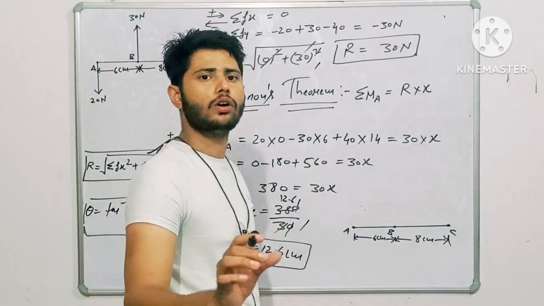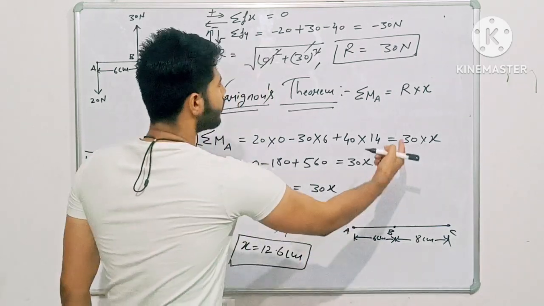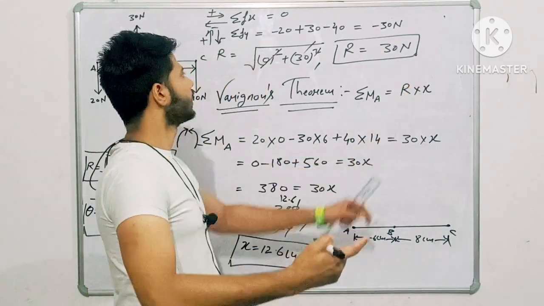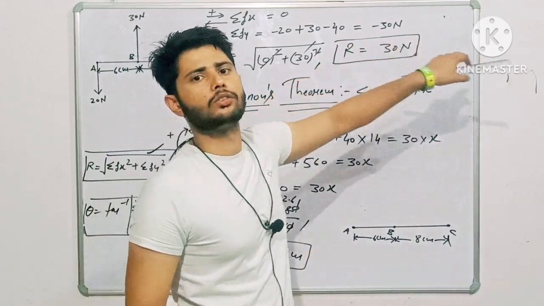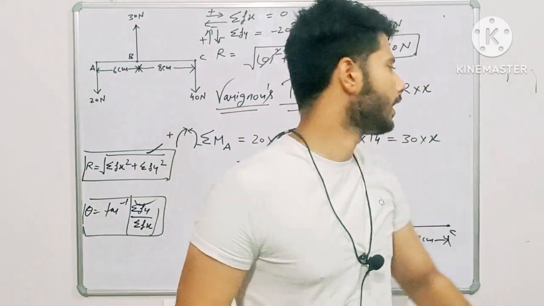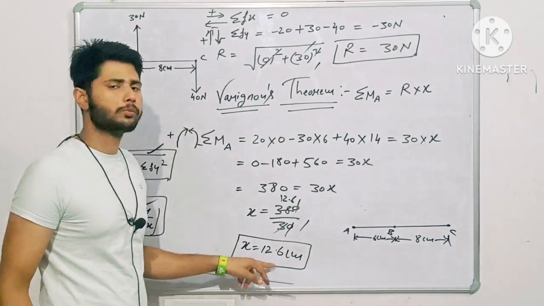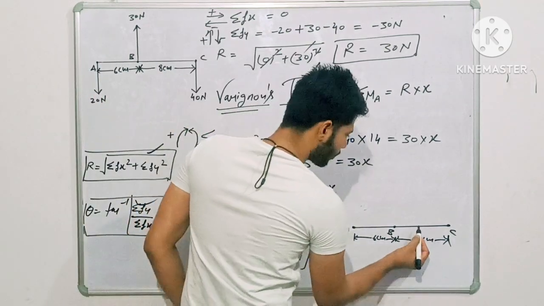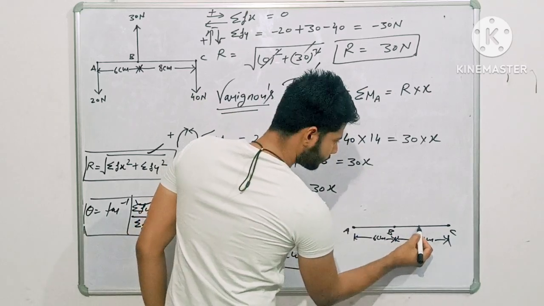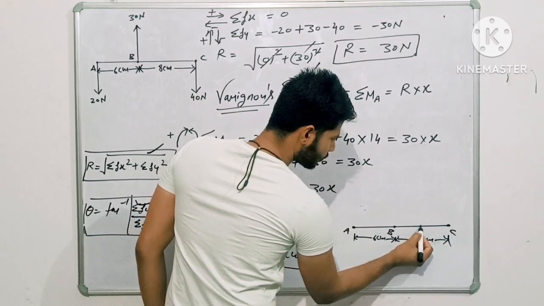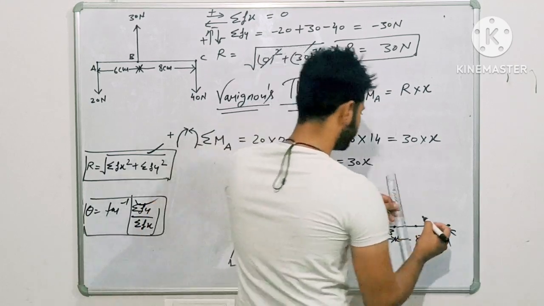Now we have to show our resultant. The 30 Newton resultant is going in downward direction with perpendicular distance from y at 12.6 centimeter, approximately here.